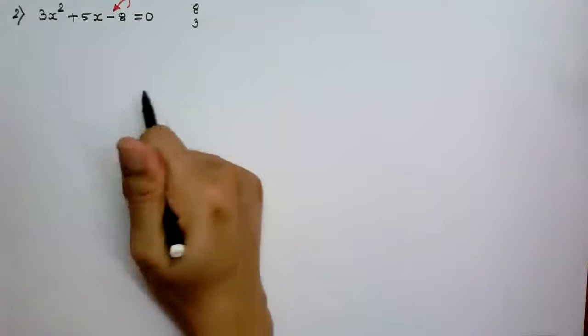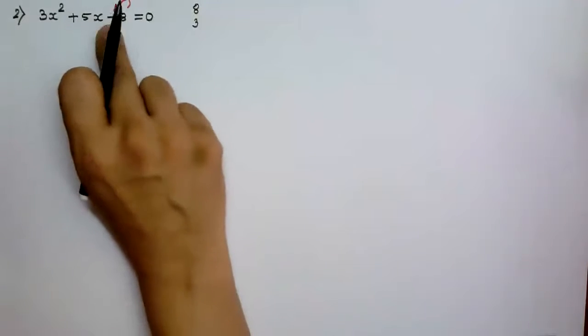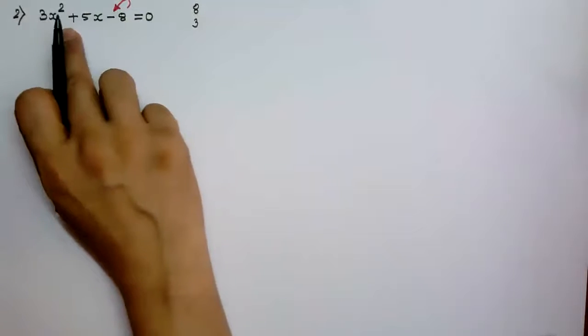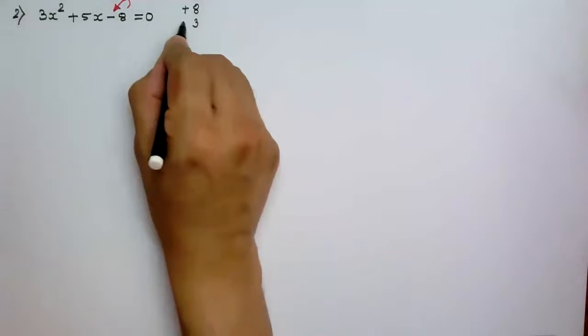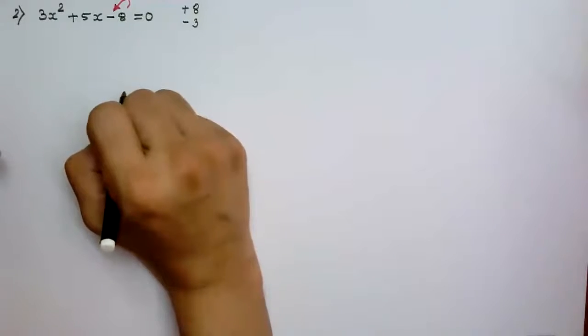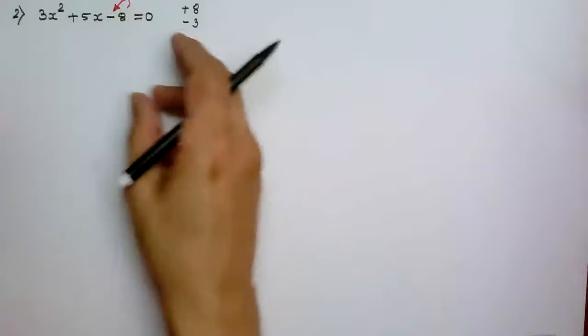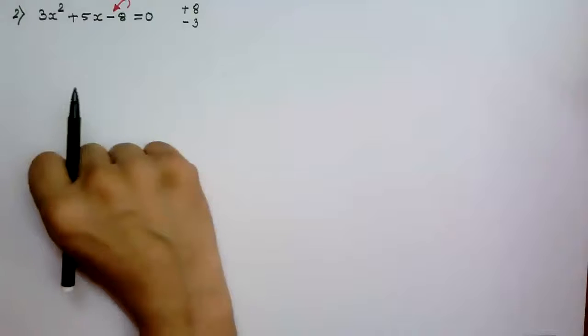That's good. And our rule is, if last term is negative, apply the sign of middle term to the bigger factor and opposite to smaller. As I have mentioned earlier, I have discussed these rules in my previous videos of this particular chapter.